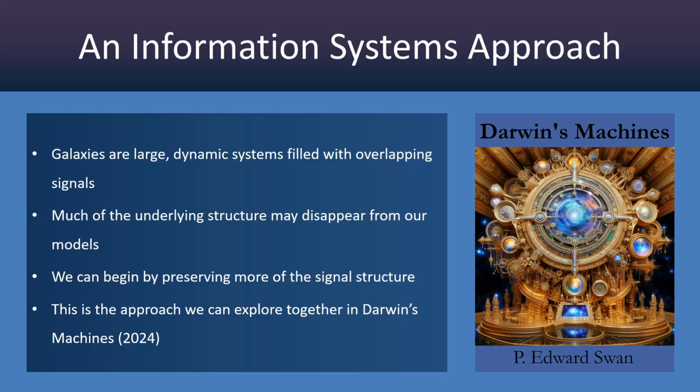Instead of immediately reducing complexity away, we can begin by preserving more of the signal structure, adding back layers of information in manageable steps, and looking for hidden patterns, correlations, and constraints that may help us refine our models. This is the approach we can explore together in Darwin's Machines, 2024, where complex systems are viewed as information systems that store, process, and transmit information.